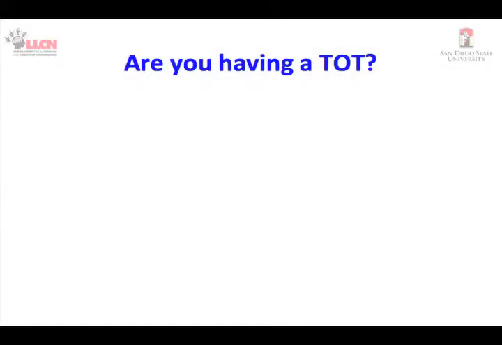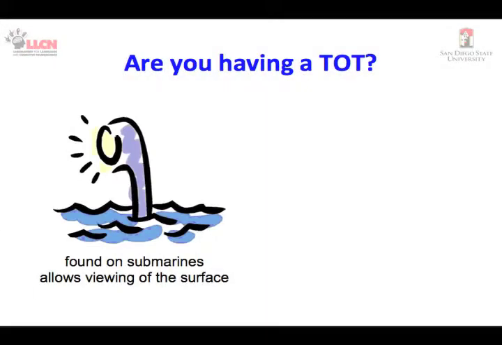Now, if you know what it is, don't say it. Keep it to yourselves, just in case your neighbor is in a TOT, because your neighbor can't quite get what the word is, and if you say it, then they'll get it. So let's just see if we can induce a TOT experience. You know what that is? Anybody? Almost got it? You're feeling it?